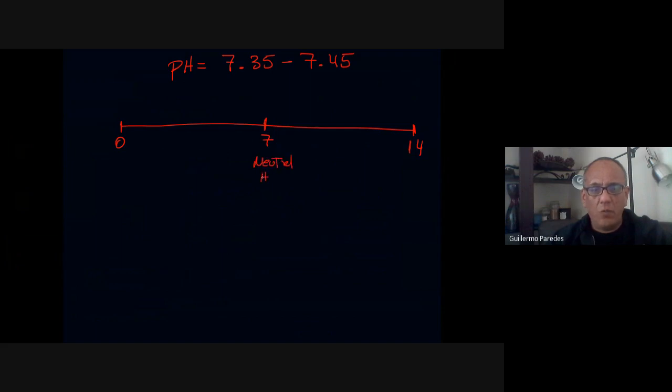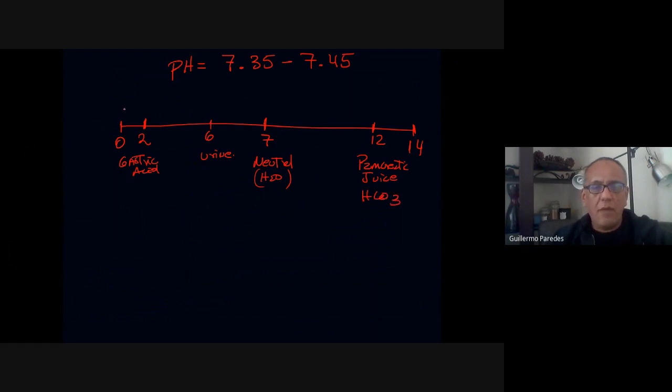That is the water. pH 2 is going to be the gastric acid. pH 6.5 to 6 is going to be the urine. pH 12 is going to be the pancreatic juice, and the pancreatic juice is the one that contains bicarbonate.